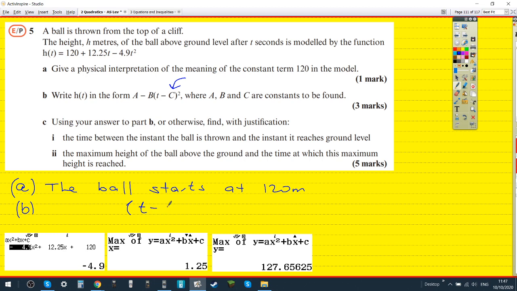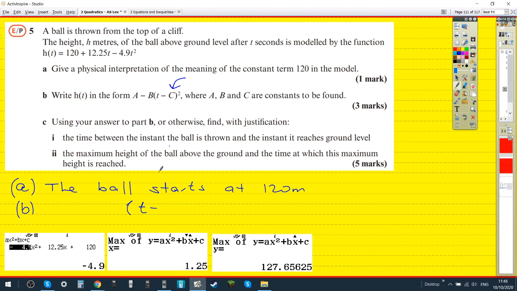No. So is C the maximum of x or y? You asked me that twice already. It's in the bracket next to the T. You already said so. It's the maximum of x. So it'd be 1.25. Yes.